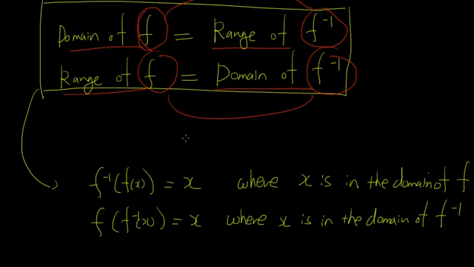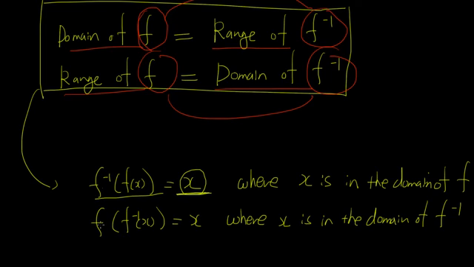So to show that if we do something like this and end up getting x, that proves f and f inverse are inverse to each other. It proved that f of x and the inverse of that function, in a composite function format, becomes x.